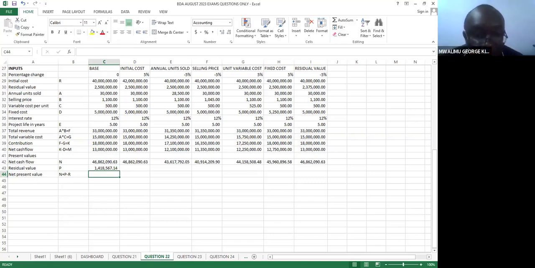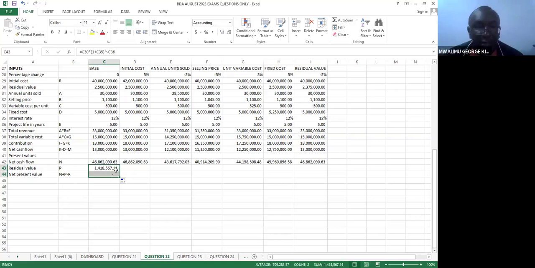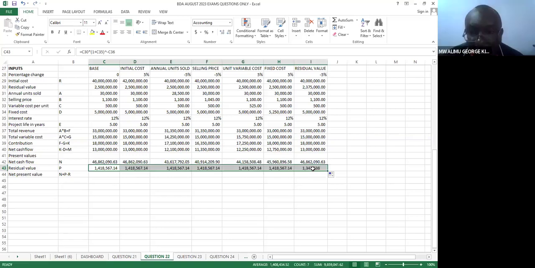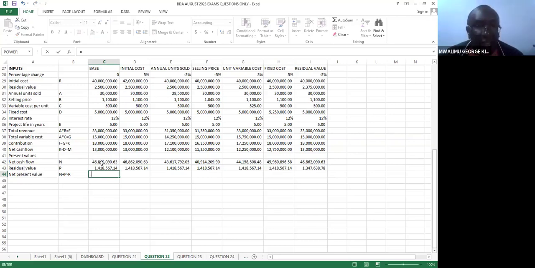Have you followed that, Collins? Yes. Okay, so we just copy then, just copy up to that point. So if you want now the net present value, the net present value now should be equal to these present values that are there, this one, plus this one, minus the initial cash flow, the initial cost.